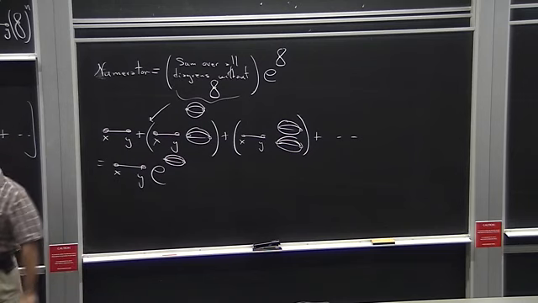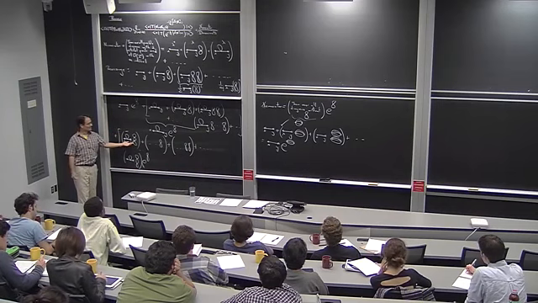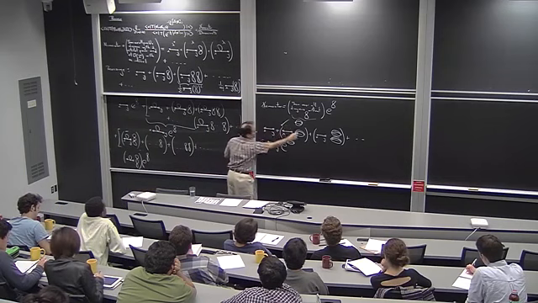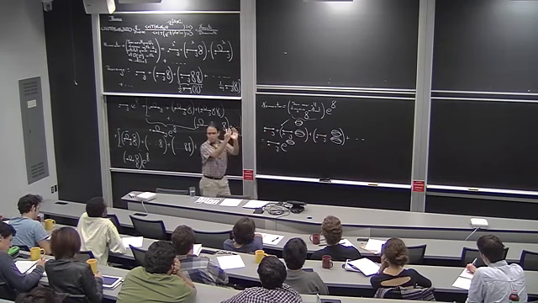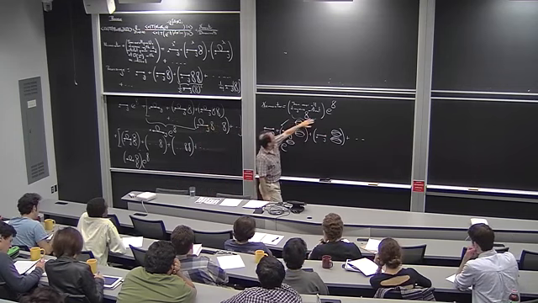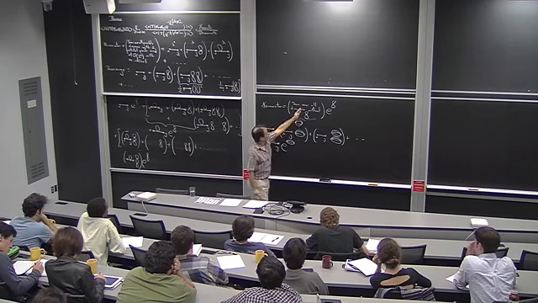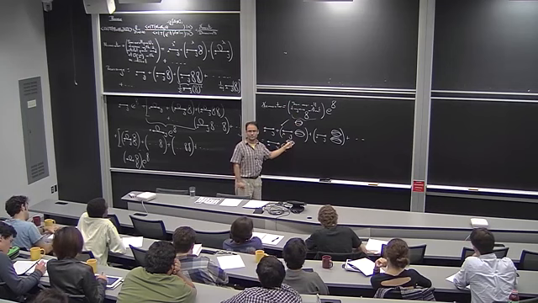Okay? Now I do it for this one, say this one, together with this diagram, 1 time, 2 times, 3 times, any number of times, and then it exponentiates again. So once again, this guy becomes the sum over all diagrams that don't contain this guy times the exponential of this thing.